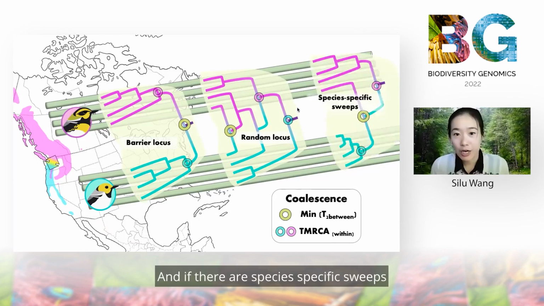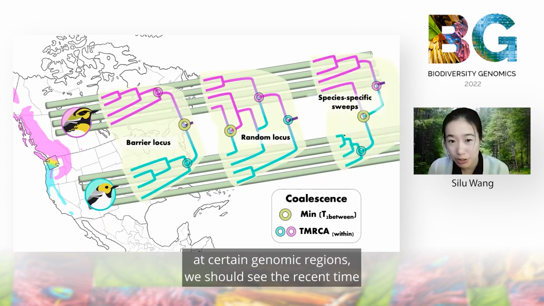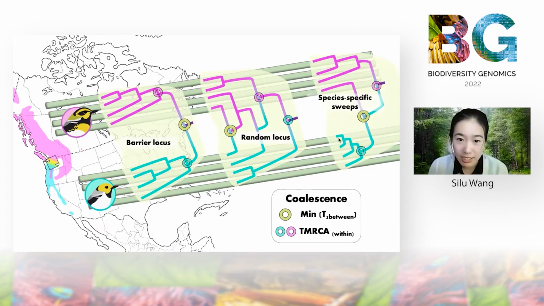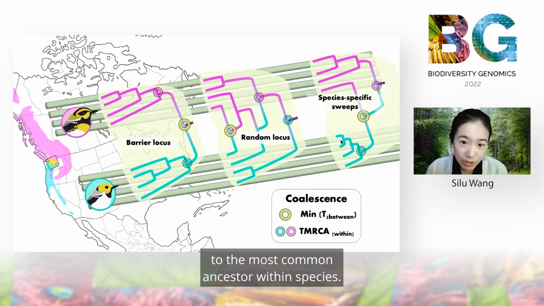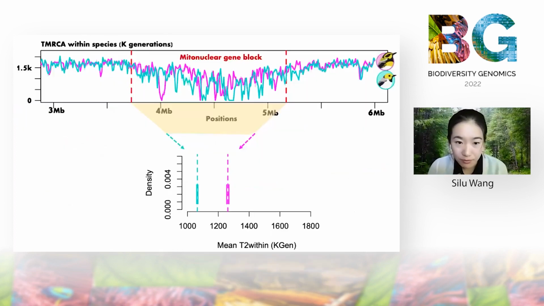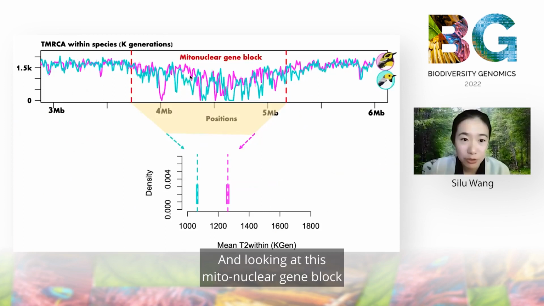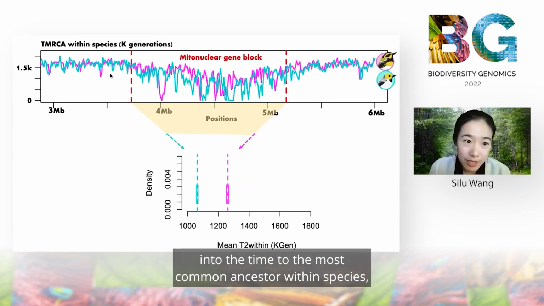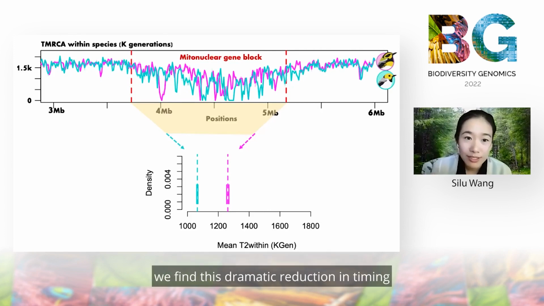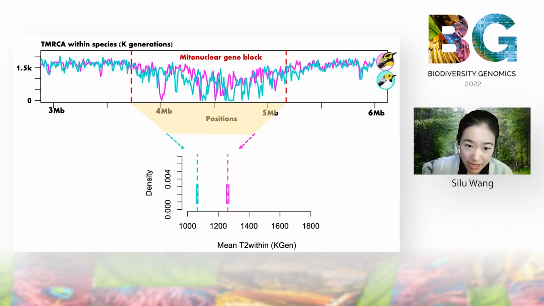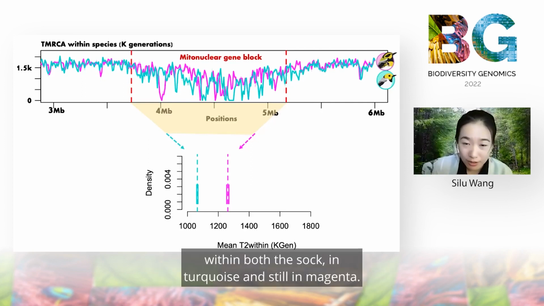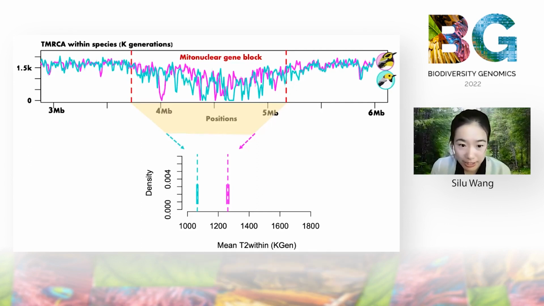And if there are species-specific sweeps at certain genomic regions, we should see a recent time to the most recent common ancestor within species. Looking at this mitonuclear gene block, we find a dramatic reduction in the time to the most recent common ancestor within both the sock in turquoise and stole in magenta.